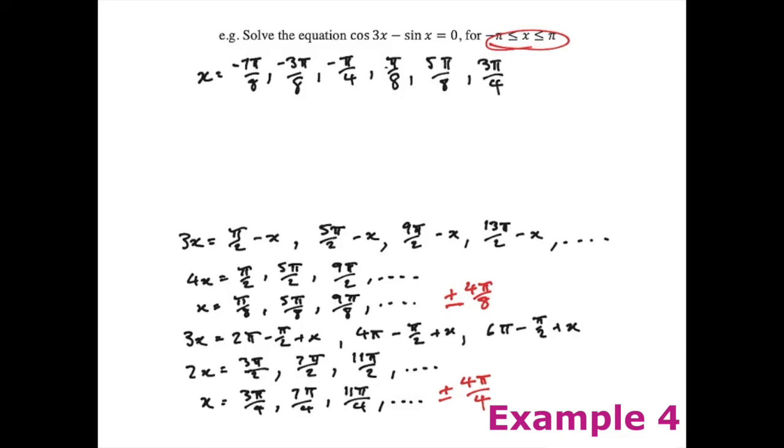So they are all the solutions. If you follow these patterns here by going back, they're the ones that you will get that will fall between negative pi and pi.